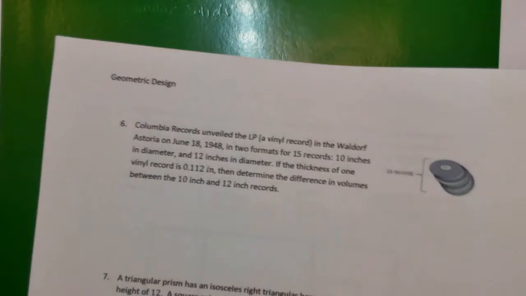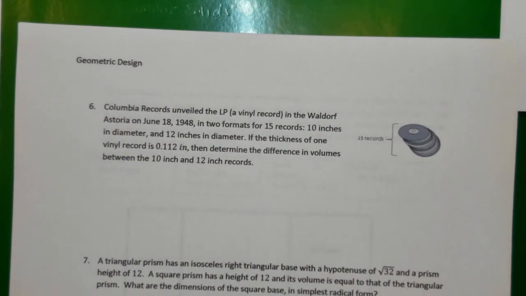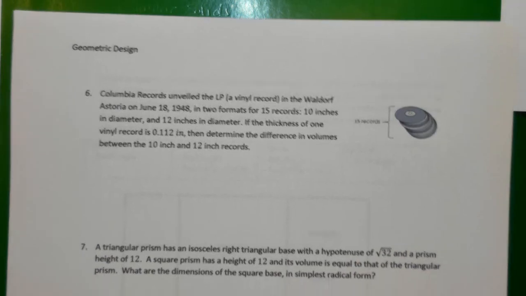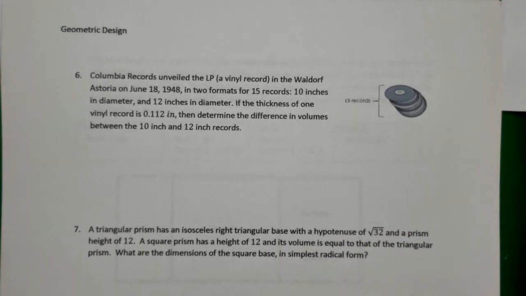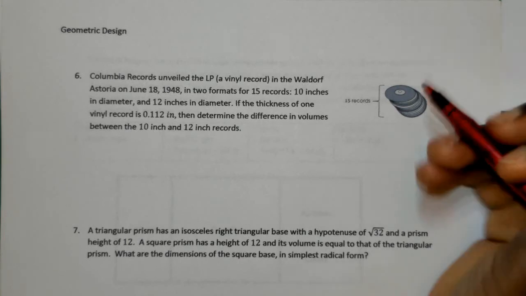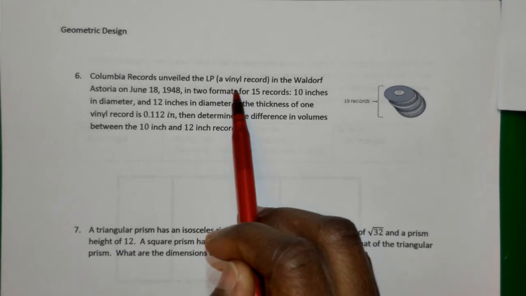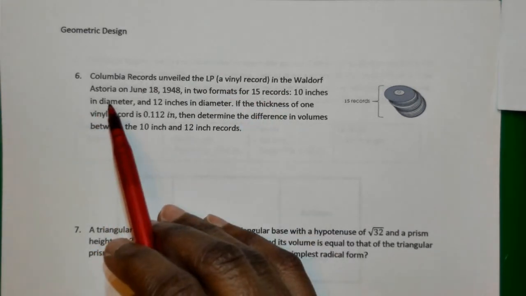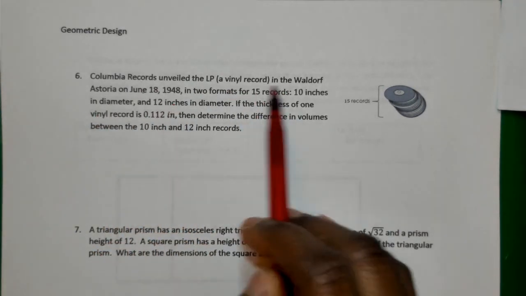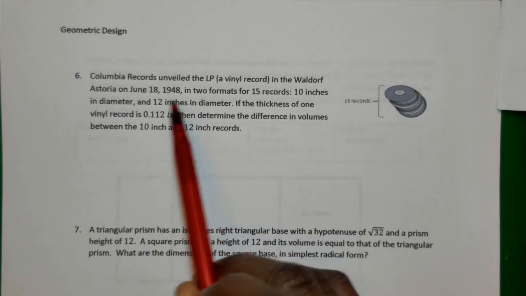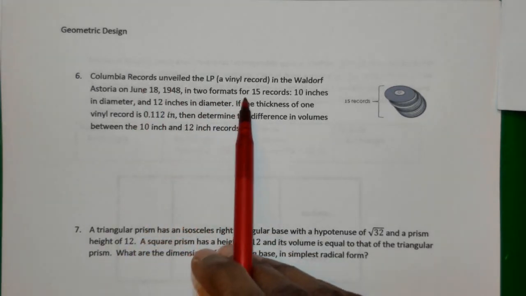Okay, there's a couple problems on here that you'll have to solve. The first one, I just want to set it up kind of. So the Columbia Records unveiled the vinyl record, and all of that is extra information. Okay, so there's basically some records that are in 2 formats for 15 records.